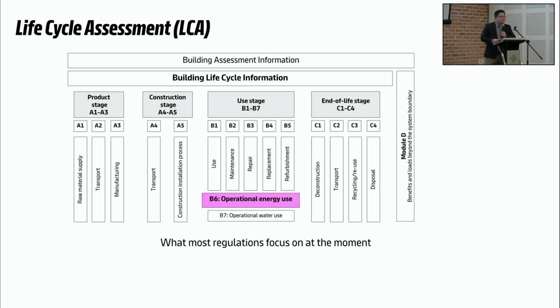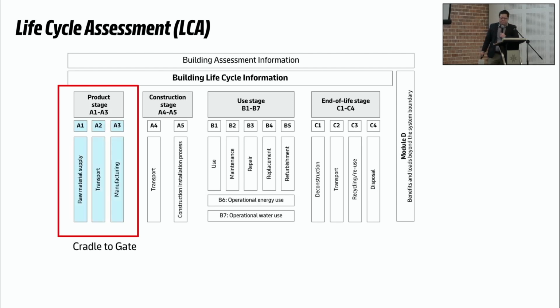Now, a lot of the time, before we have the EPD or the LCA, people focus a lot on operational energy use. Indeed, this is one of the considerations in the LCA, but it actually takes up only a small part of it. What is more important is here. Right? We'll look into some examples shortly.